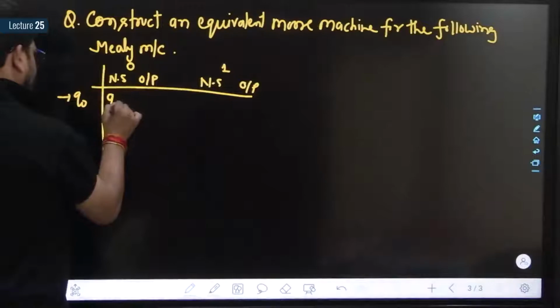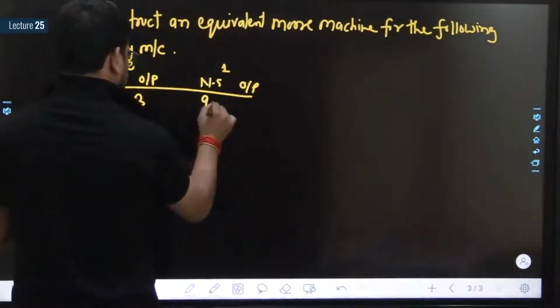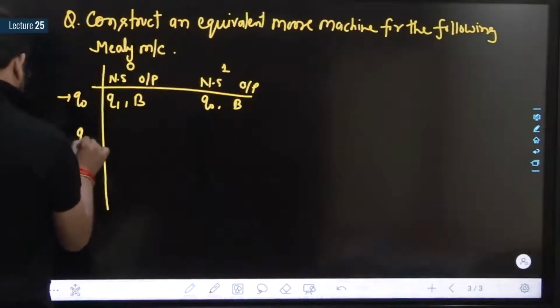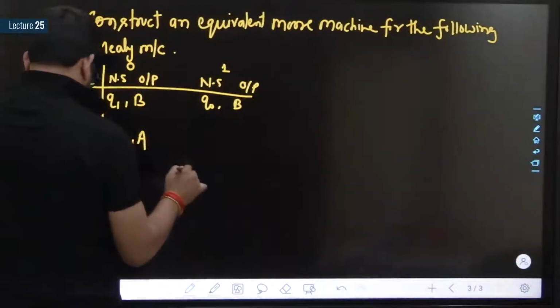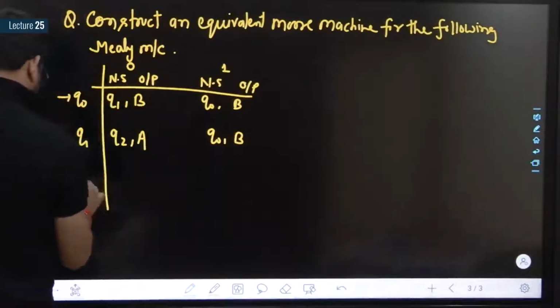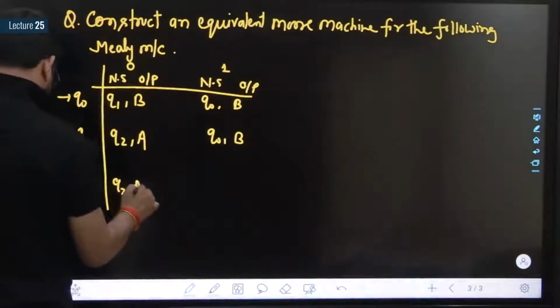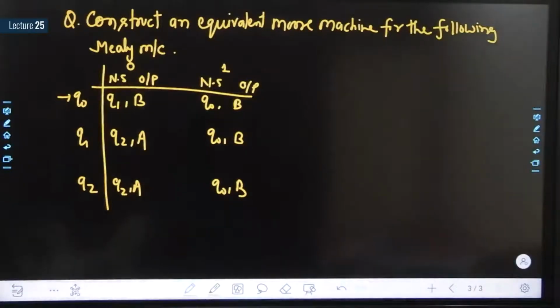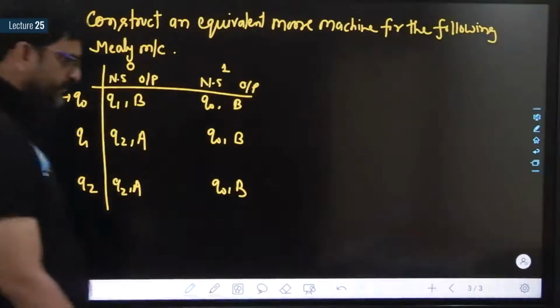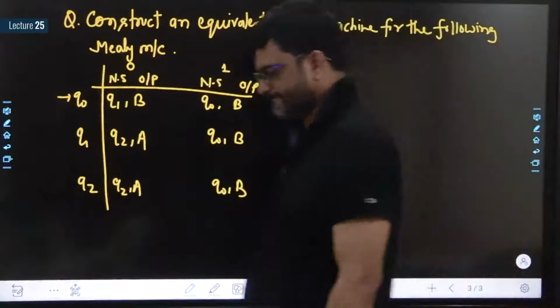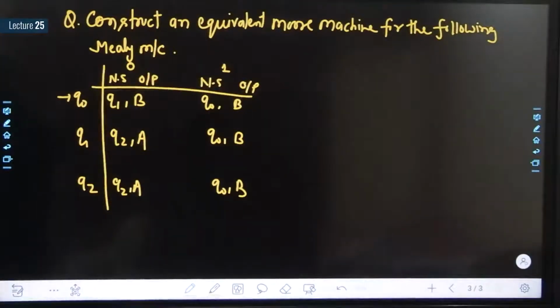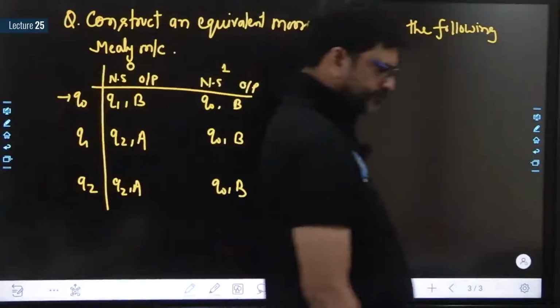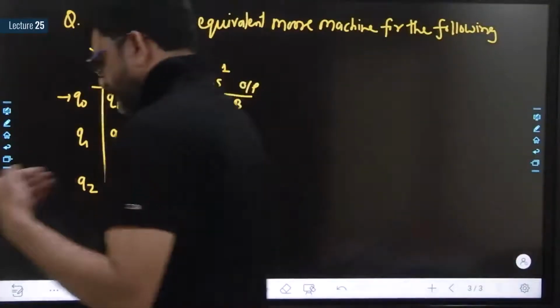Q0, Q1B, Q0B, Q1, Q2A, Q0B, Q2A, Q0B. Please try to do this question. Take 1 or 2 minutes and try to do this question.